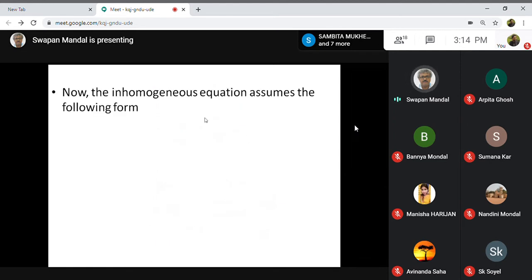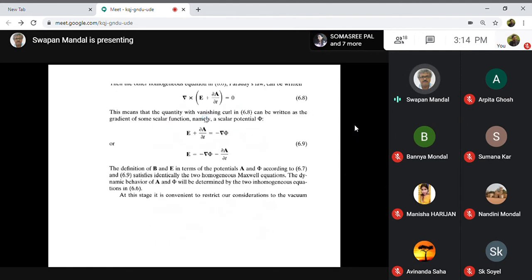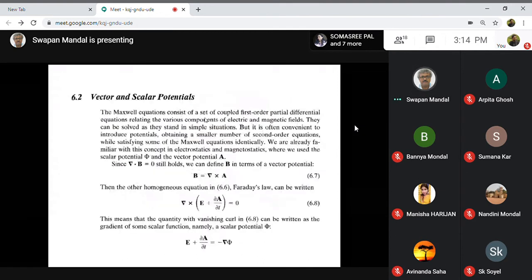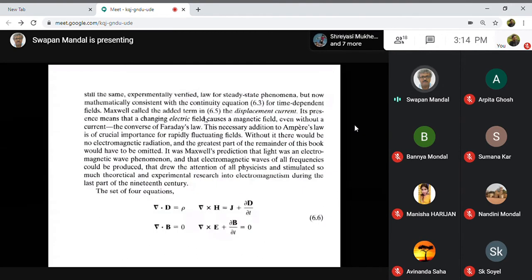Let me have some algebra here. Divergence of D, so divergence of E equal to rho by epsilon 0. This is one of the equations. Just follow me: divergence of E equal to rho by epsilon 0 for free space.